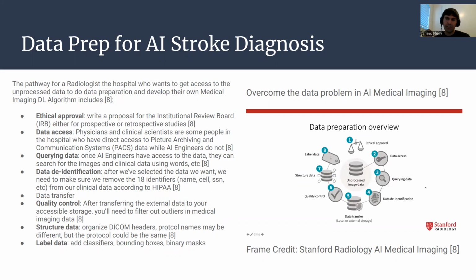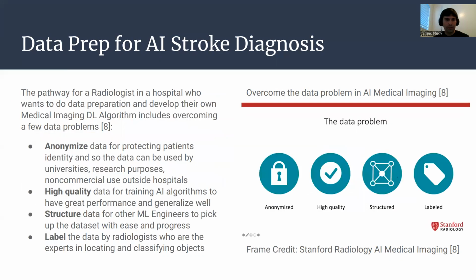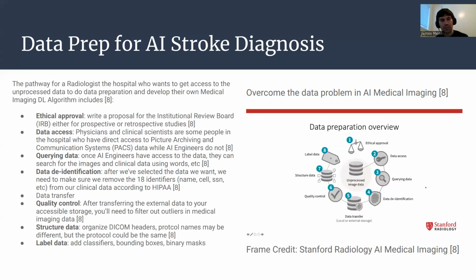So this is an even more in-depth view on overcoming this data problem. This particular diagram here shows the data preparation view. Again, it's just another way that they're depicting solving the problem. So I'm going to switch between these two slides here. But to get high quality data, one of the approaches that the radiologist can take is to query the data.